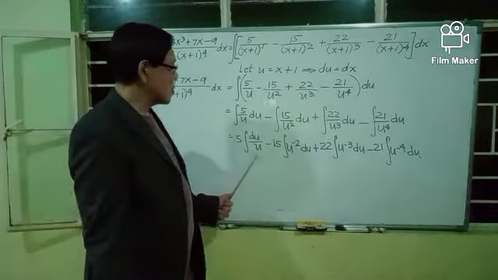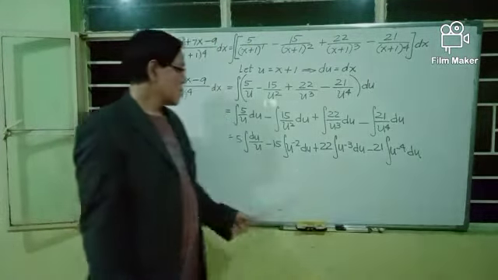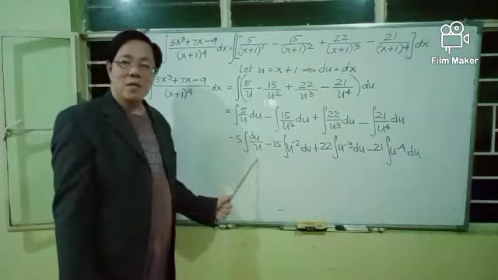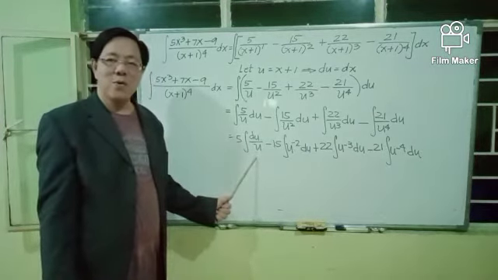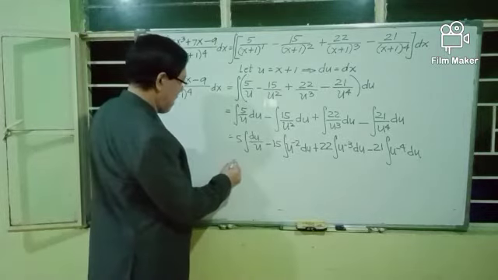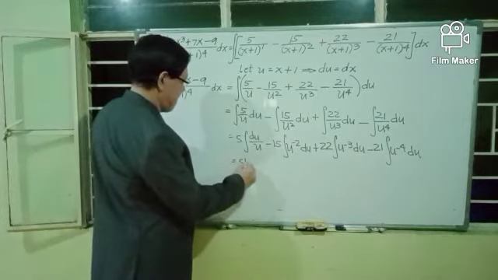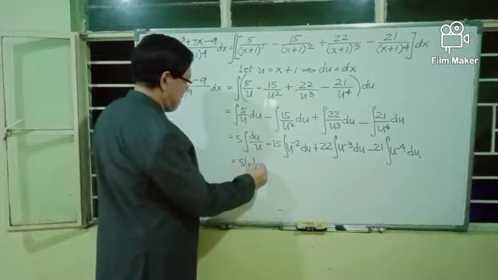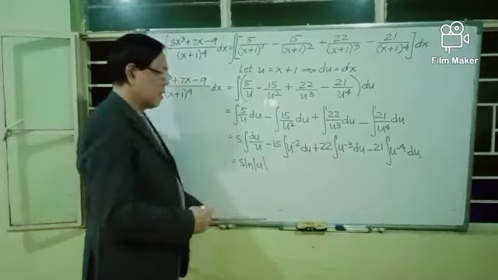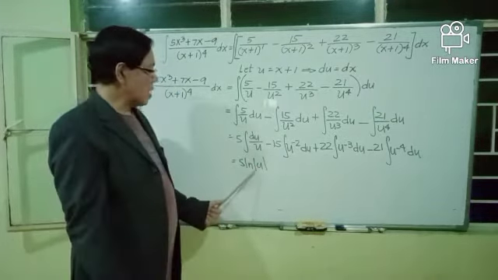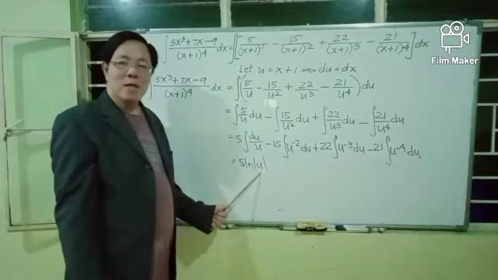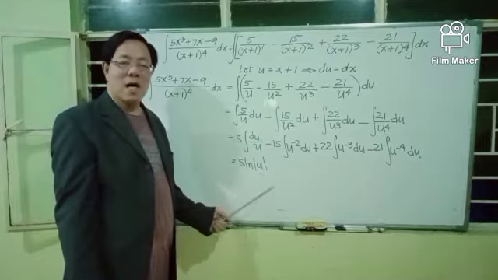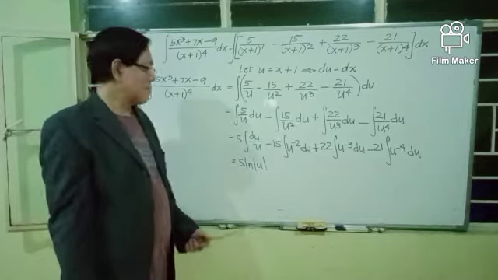Now we are ready to integrate all these terms. Here, by integration rule, the integral of du over u is equal to ln of the absolute value of u. And we put the absolute value sign because we want to make sure that u is positive, because ln of a negative is not defined.